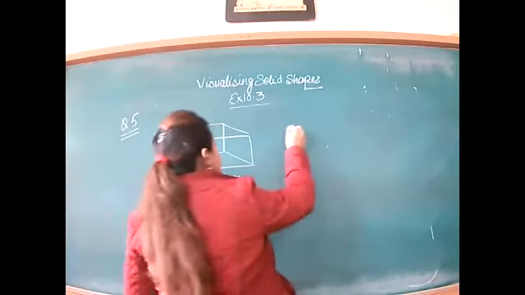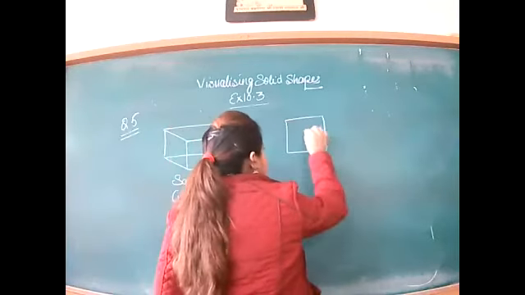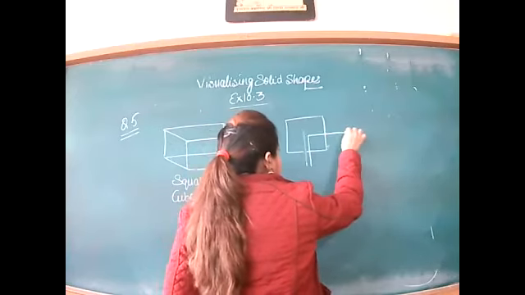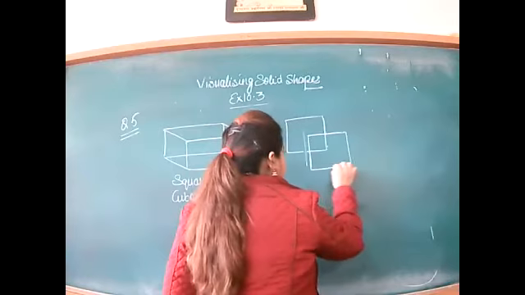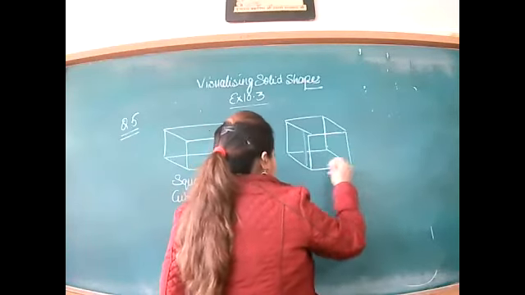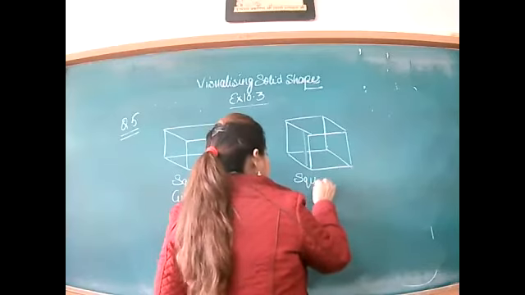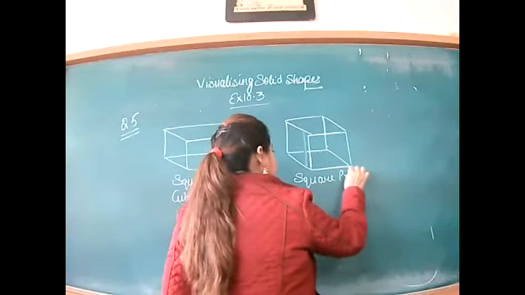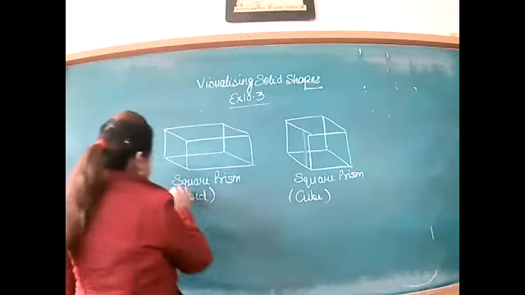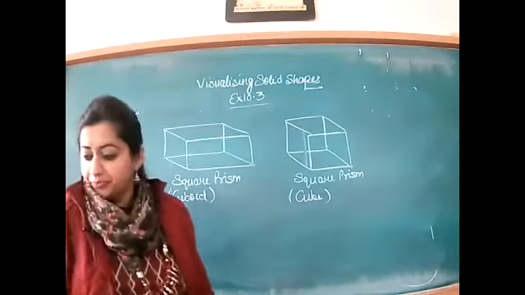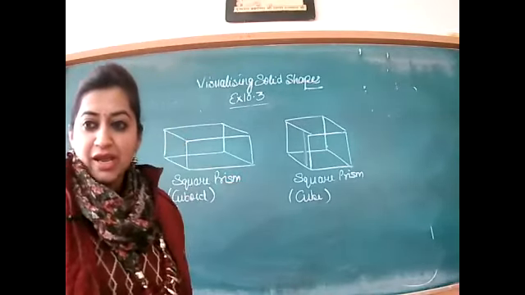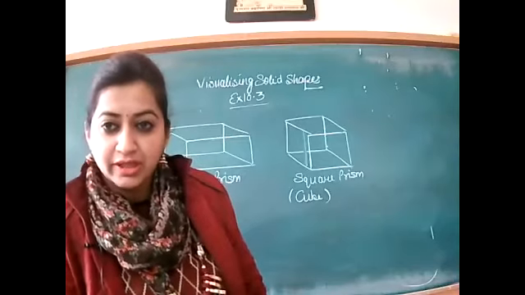And at the same time, it can be a cube also. Is it okay? So they have told you to explain it. So that's why I have written here both the things.